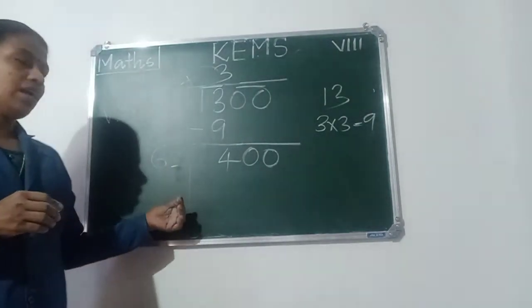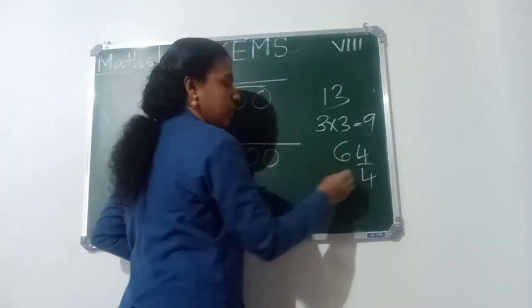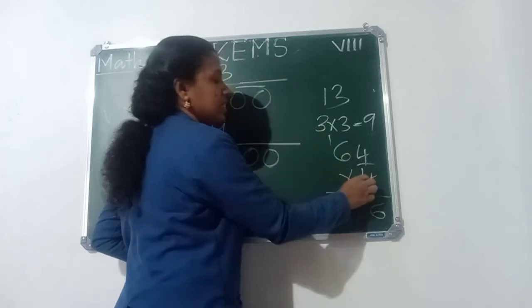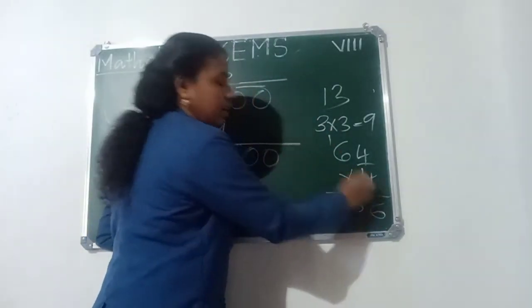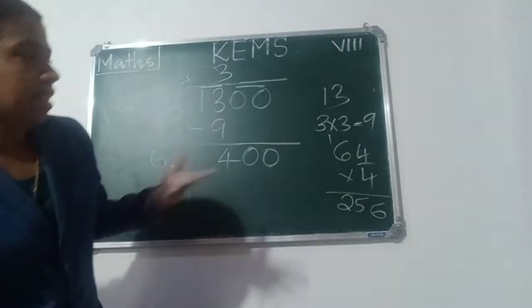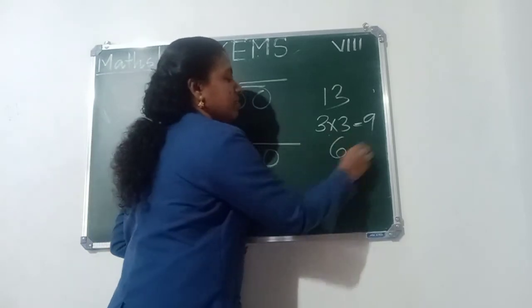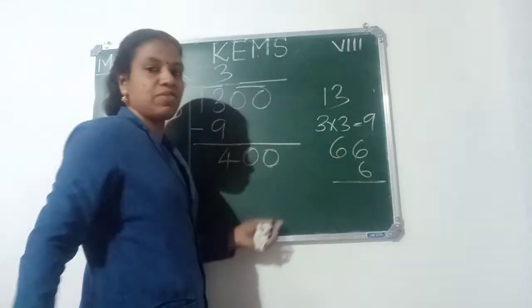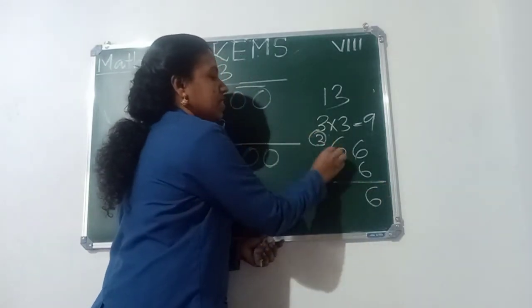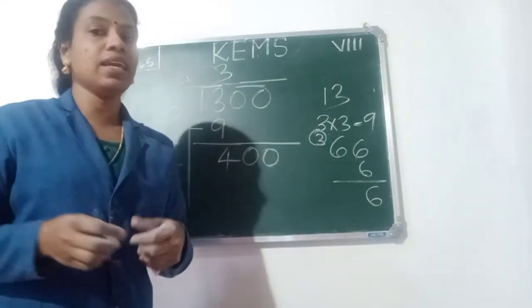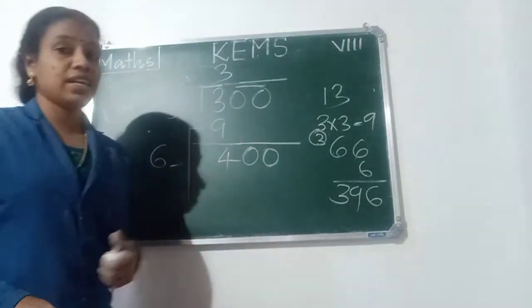Then 4, what about 4? 4 4s are 16, 6 4s are 24 plus 1, 25. Not nearest. Then what about 6? 6 6s are 36, 6 6s are 36 plus 3, 39, so 396.